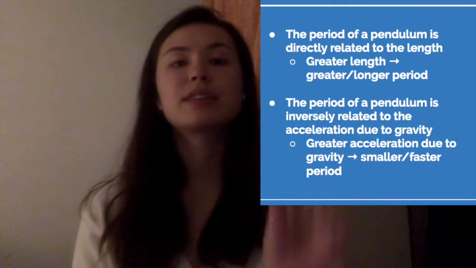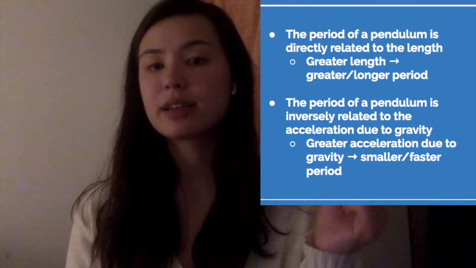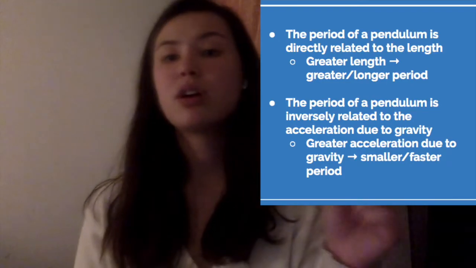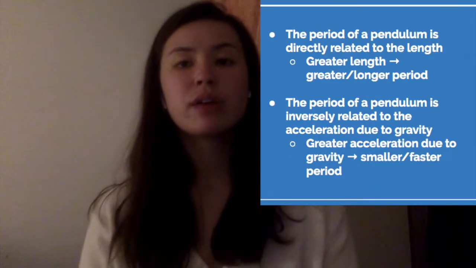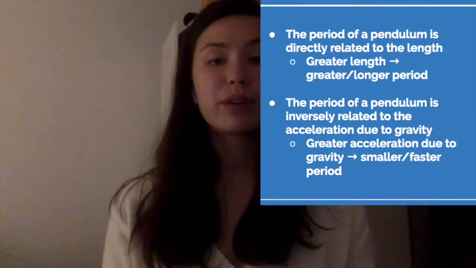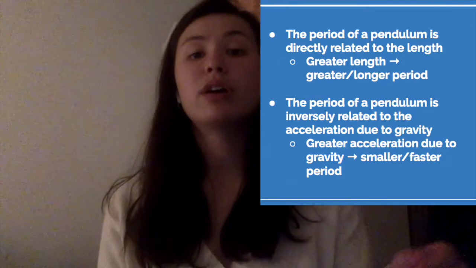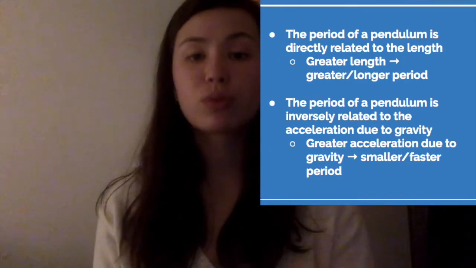First, we see that the period of the pendulum and the length of the pendulum are directly related. So if we have a greater length, we're going to have a longer or greater period, right? If we have a smaller length, we're going to have a shorter period.